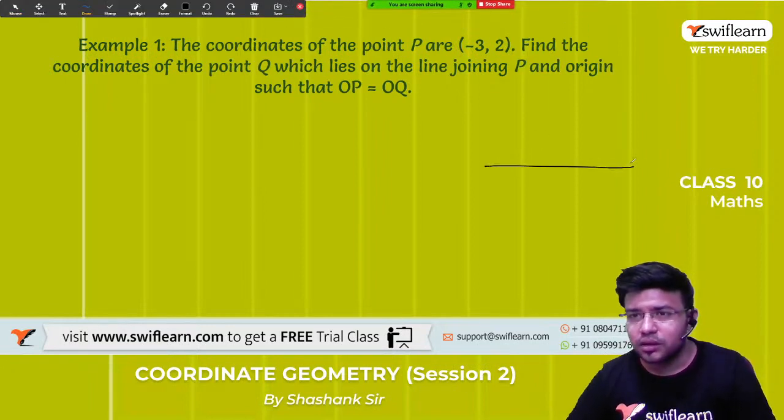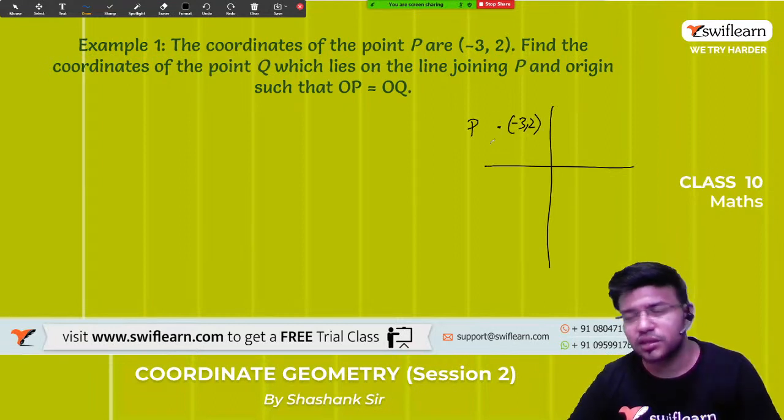देखेंगे. चलो, there is a point P. How much is that? Minus 3, 2.